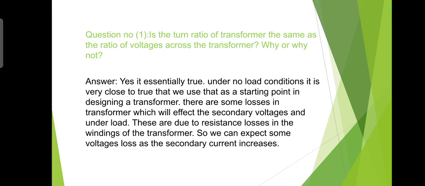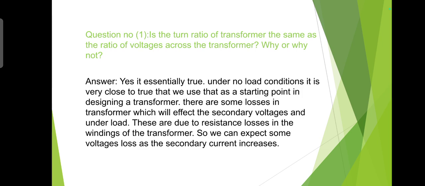Question number 1. Is the turns ratio of a transformer the same as the ratio of voltage across the transformer? Why or why not? Answer: yes, it is essentially true. Under no load conditions, it is very close to true, and we use that as the starting point in designing a transformer.